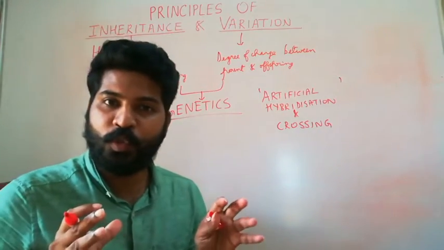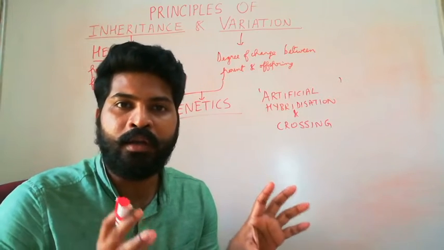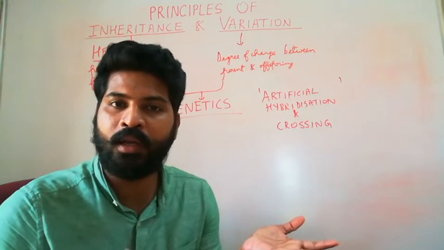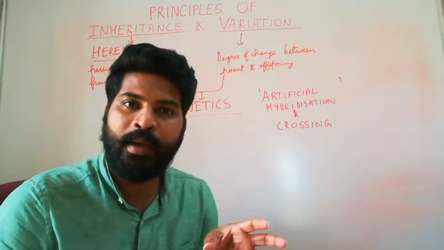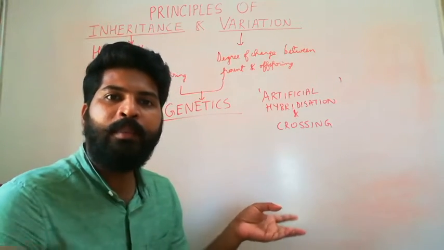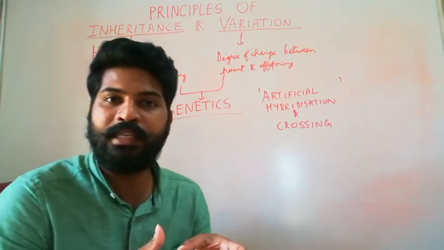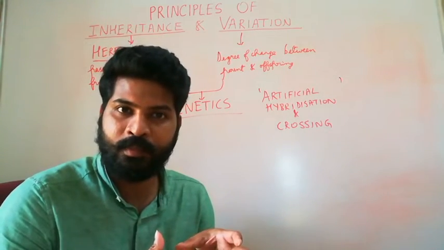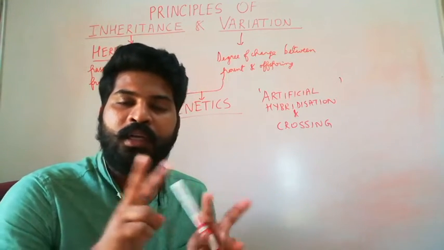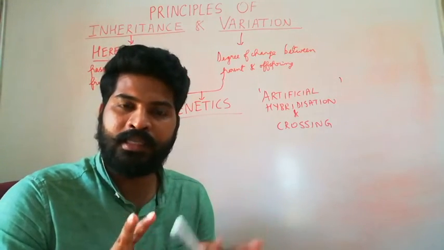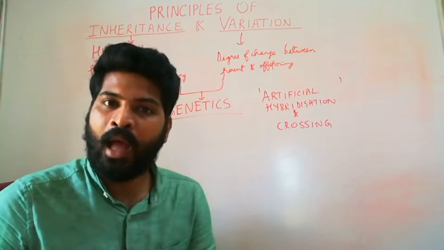wherein they used to observe the features or traits of a plant or an animal. Then, based on their requirement, they used to hybridize them, or cross these two varieties, and in turn, they used to obtain both the favorable traits in a single organism, which was now called a hybrid.